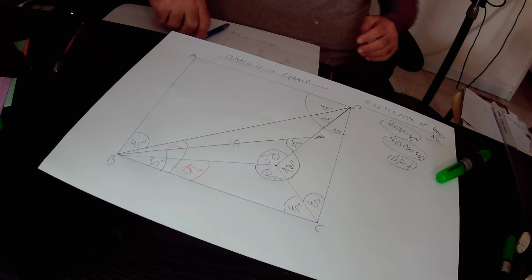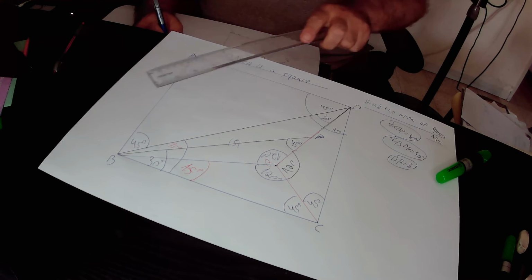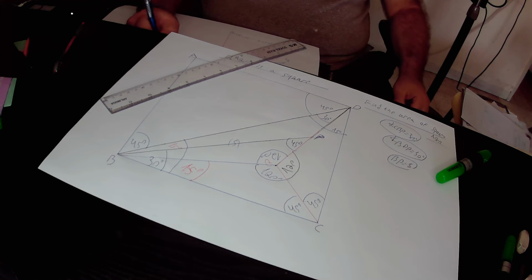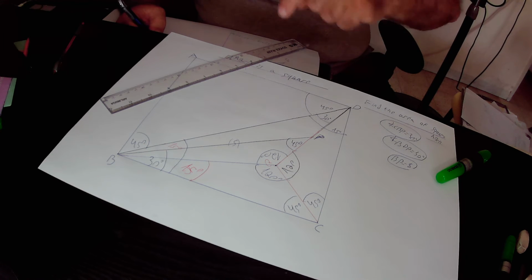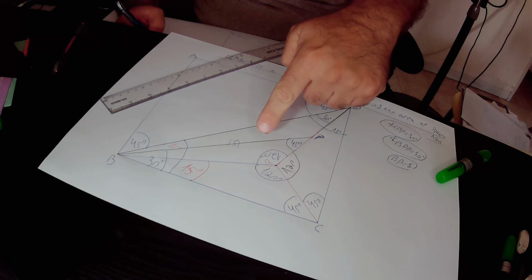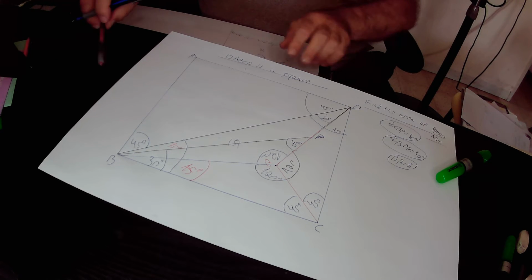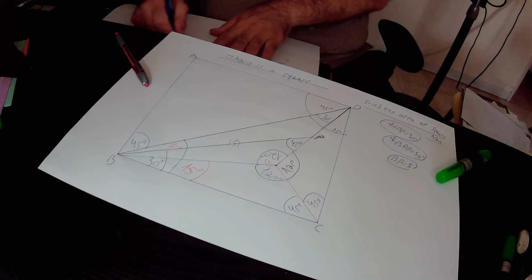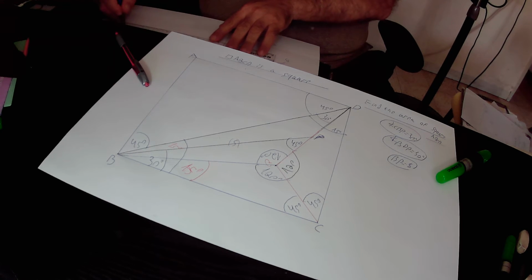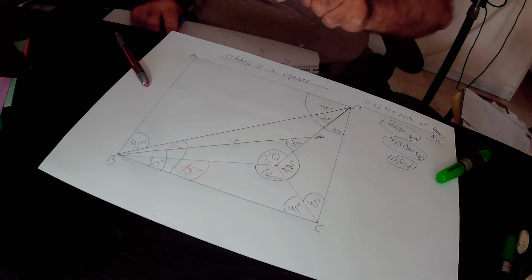So we have to prove that triangle BCQ can go into this triangle BPQ according to the angle side angle rule. So why can those two triangles go into each other?